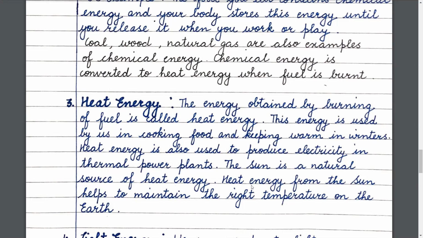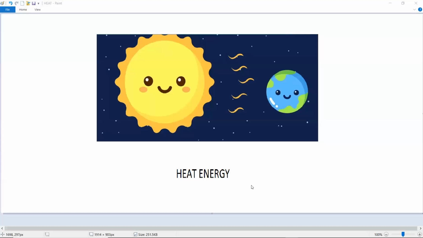Heat energy is also used to produce electricity in thermal power plants. The sun is a natural source of heat energy. Heat energy from the sun helps to maintain the right temperature on the earth.